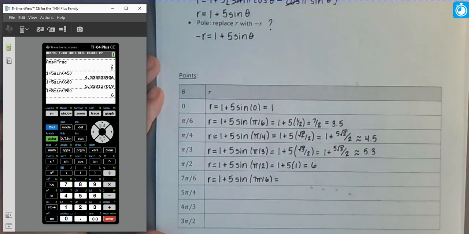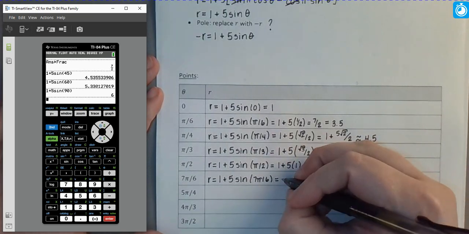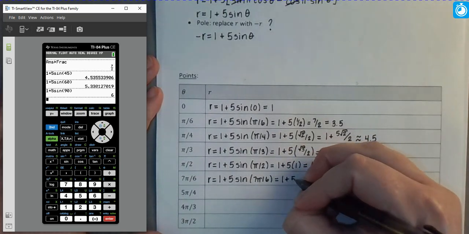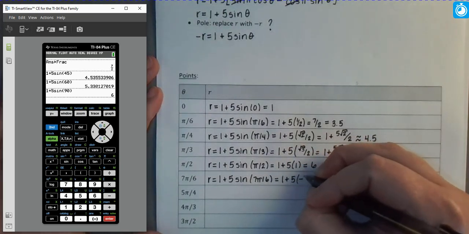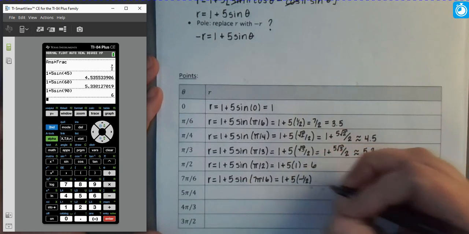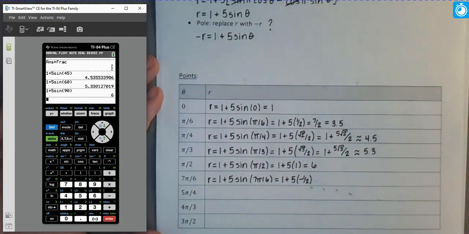Our sine values are now negative. So the sine of 7 pi over 6 radians is going to be negative 1/2. So we have 1 plus 5 times negative 1/2. And again, if we want to put that in the calculator to save a little bit of time, we can.